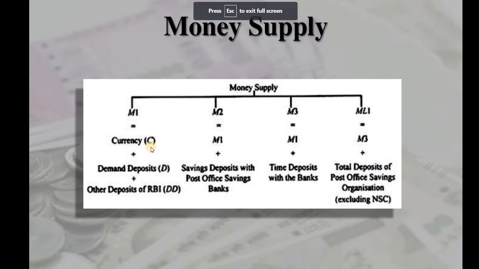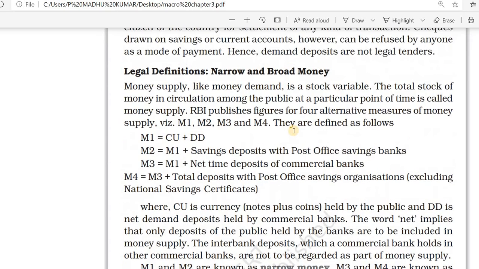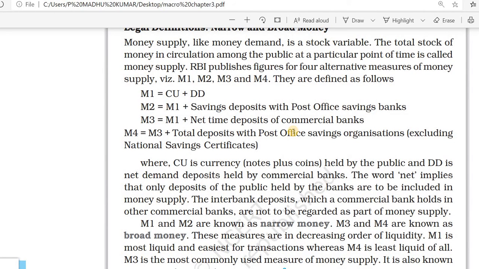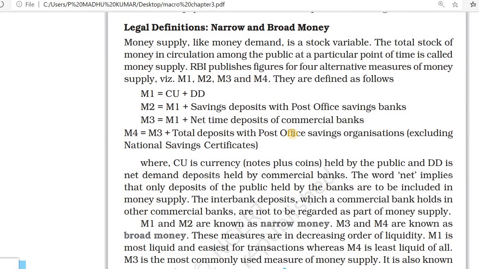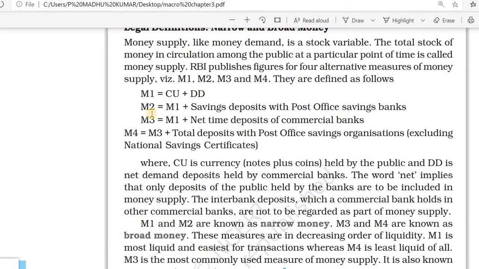Then money supply we can classify into M1, M2, M3 and M4, the total stock of money in circulation among the public. We can define M1 as currency plus demand deposit.